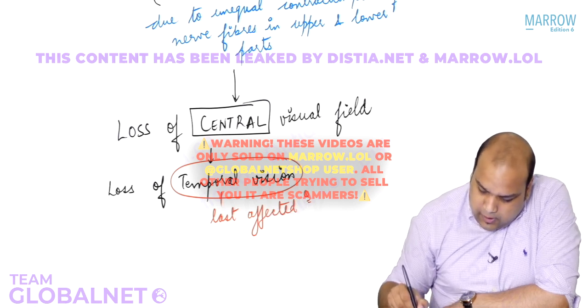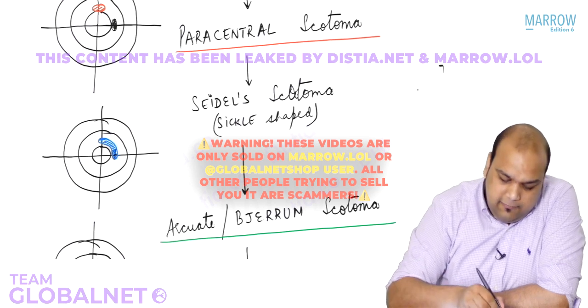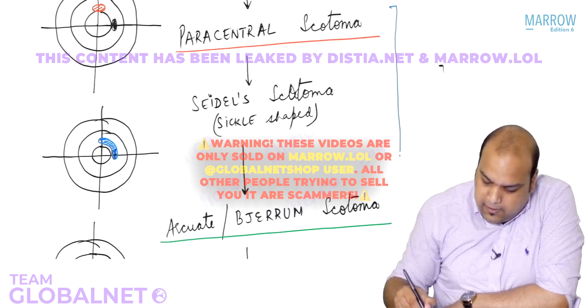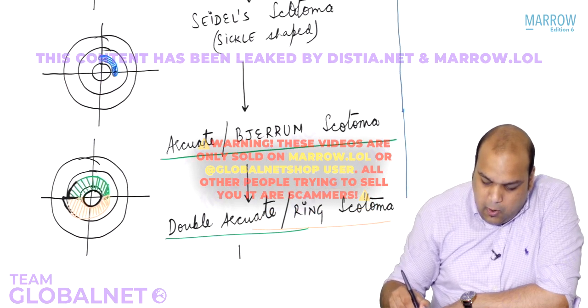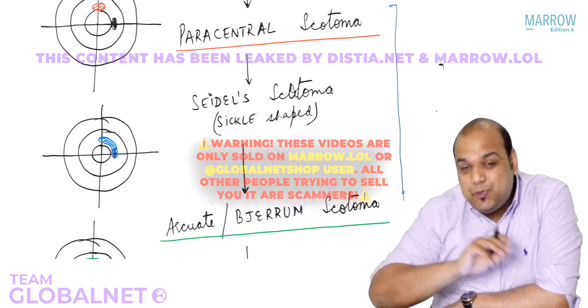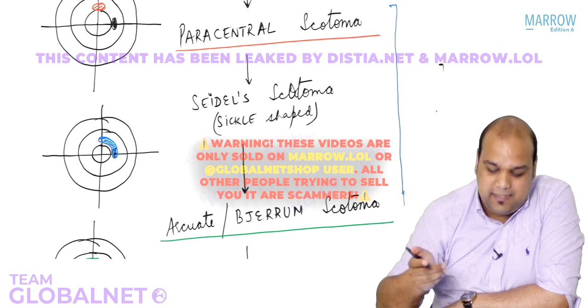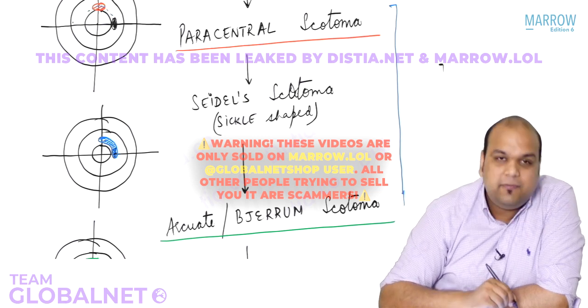One more point to understand and remember in this flow of visual field. If we carefully see paracentral scotoma, seidel scotoma, arcuate scotoma and double arcuate scotoma, all these scotomas are actually occurring in the part where arcuate fibers are present. Even the paracentral scotoma is affecting the arcuate fibers.